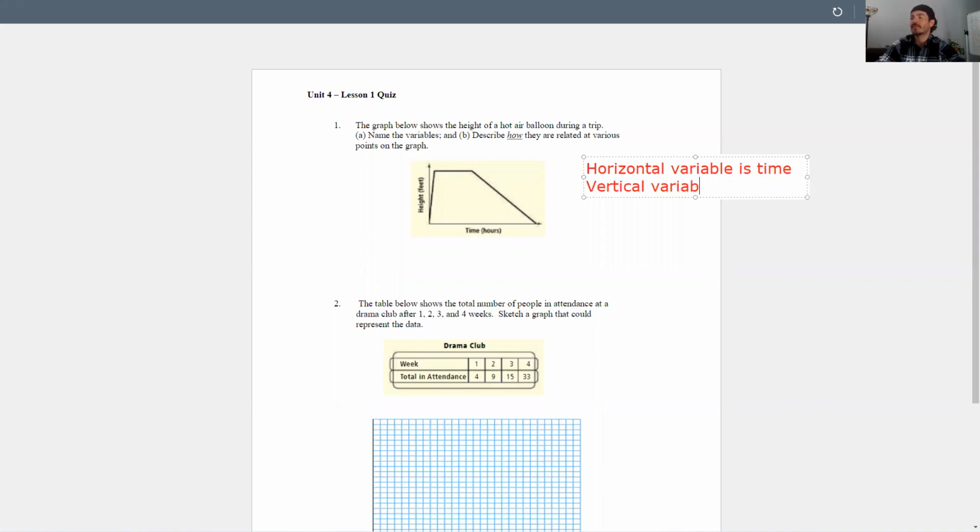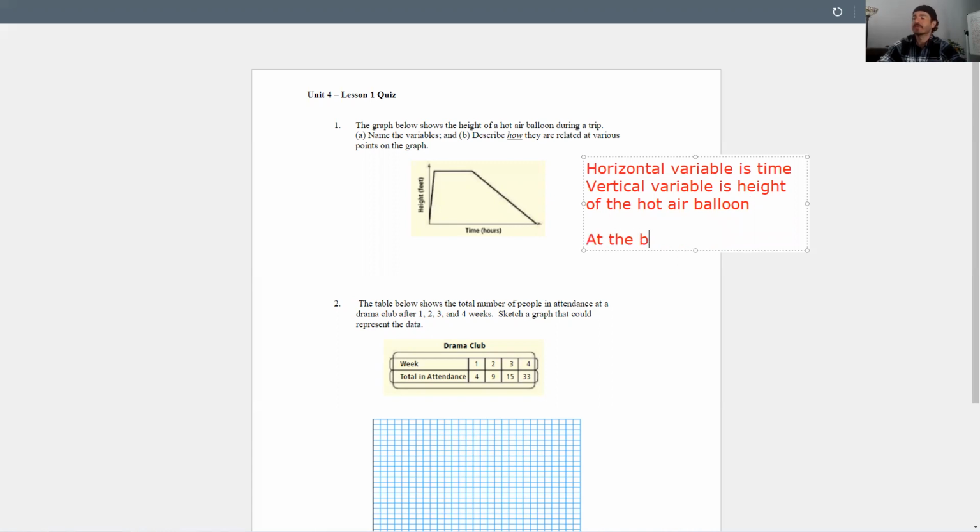The vertical variable is height of the hot air balloon. We all see that, right? On the up and down it says height, on the left and right it says time.